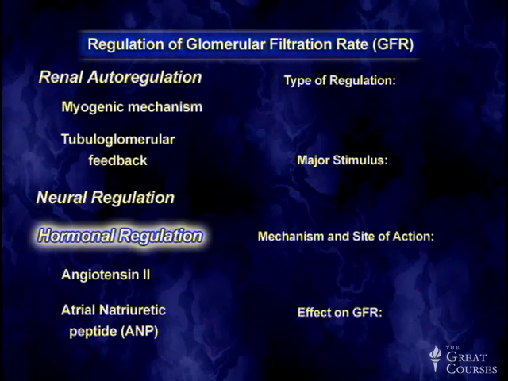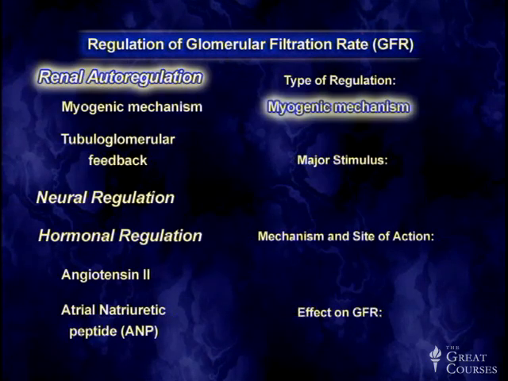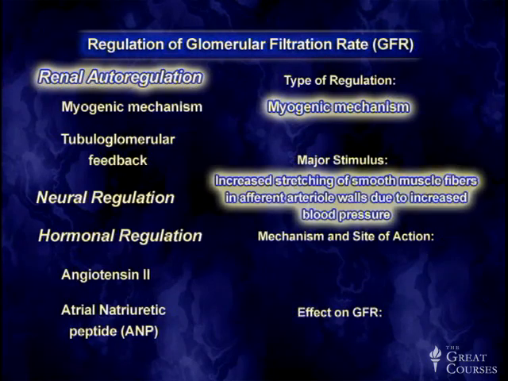The kidney's autoregulation is the one that's working most of the time. Again, while I'm sitting here at the desk, that's what's going to be the prime regulator of my renal filtration. There's something called the myogenic mechanism. When I have increased stretching of the smooth muscle fibers in my afferent arteriole, if my pressure goes up even a little bit, the vessels are going to be stretched.